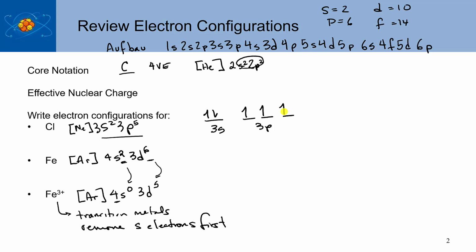Okay, so a couple of rules, called Hund's rule. When you're filling orbitals, you put the electrons into degenerate orbitals separately before pairing.